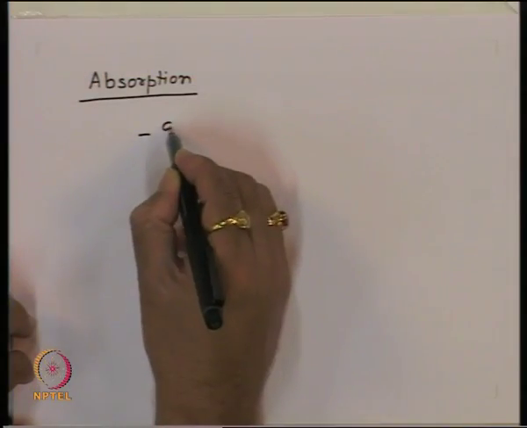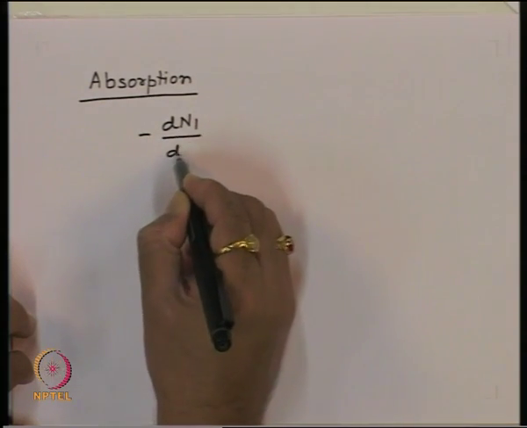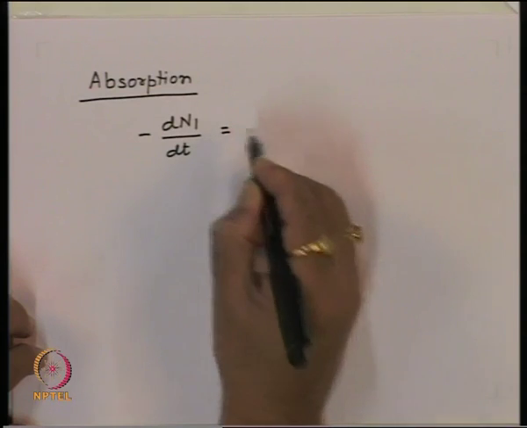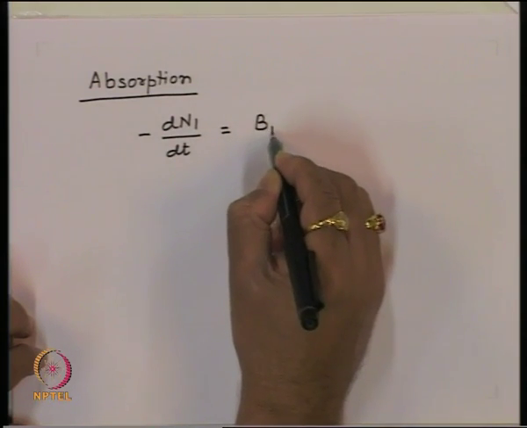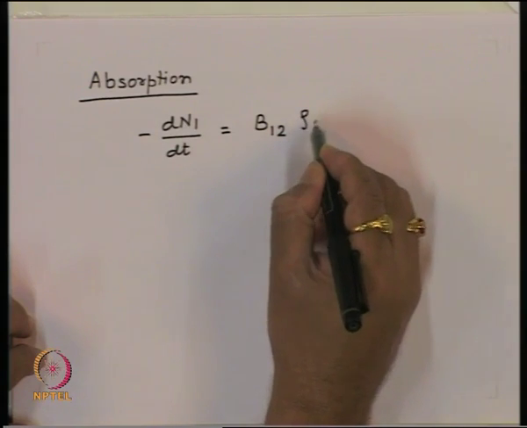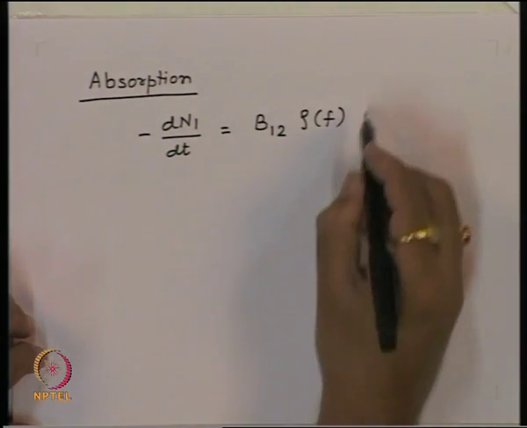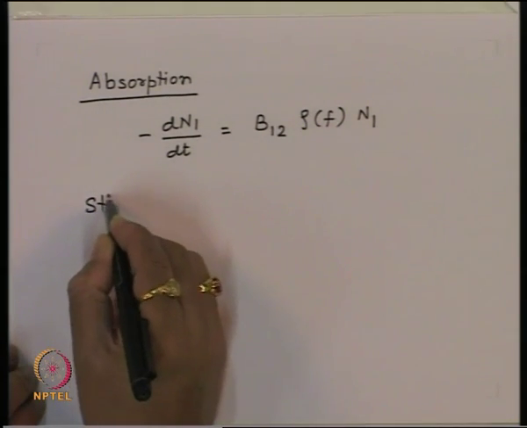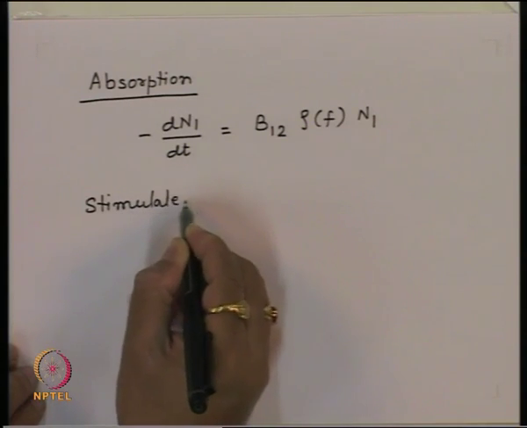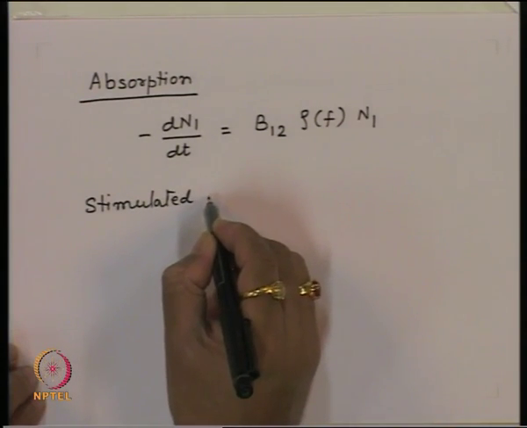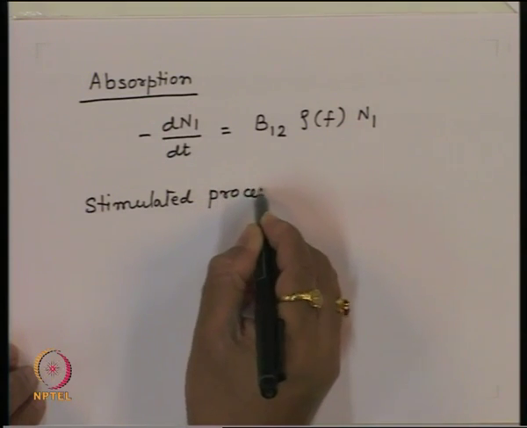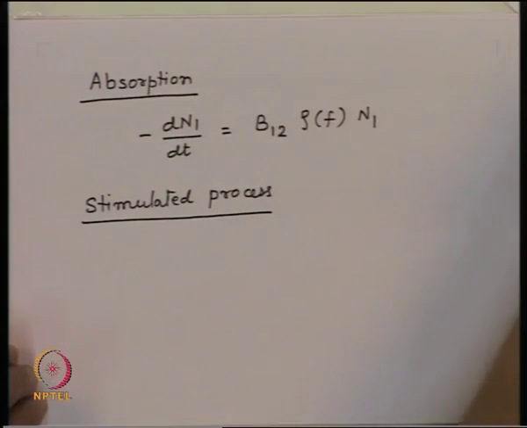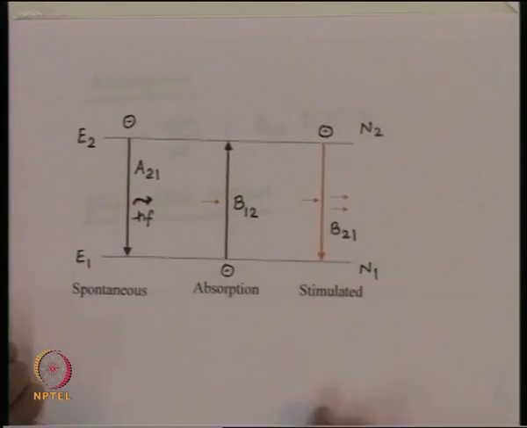So, we can write here minus dN1 by dt, that will be equal to B12 rho of f into N1. Similarly, we can write down the stimulated process, where the transition is going to be downwards.